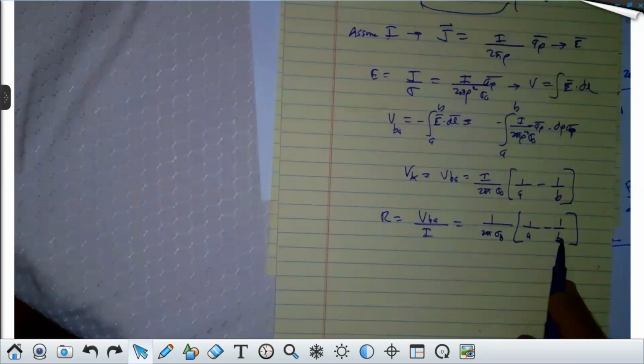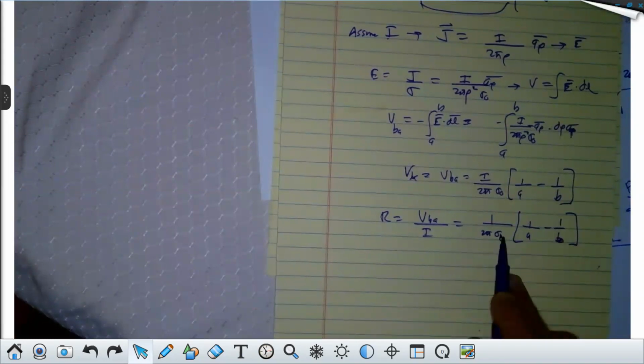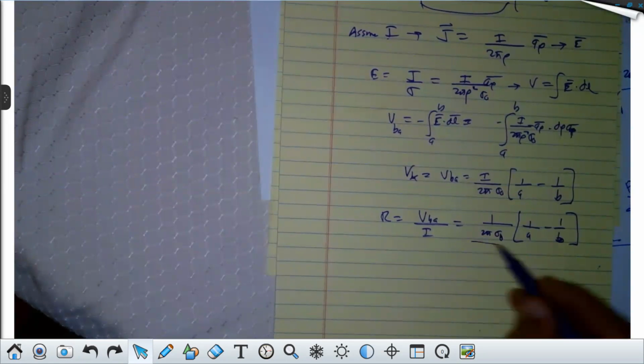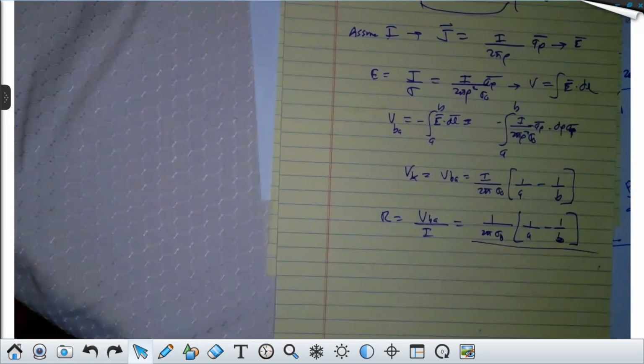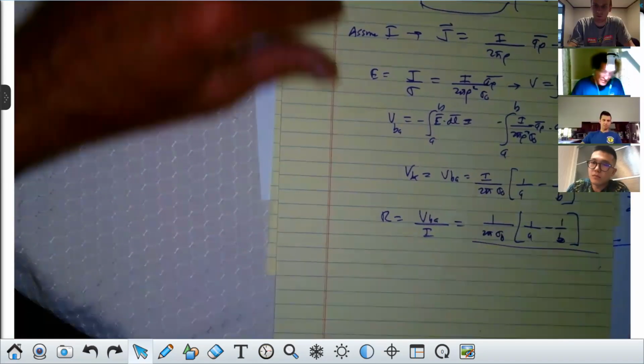B is 0.03, and sigma naught is 10 to the third, and you turn the crank and come up with a final number. Everybody okay with that? Any questions? You good with that? That was problem 3.